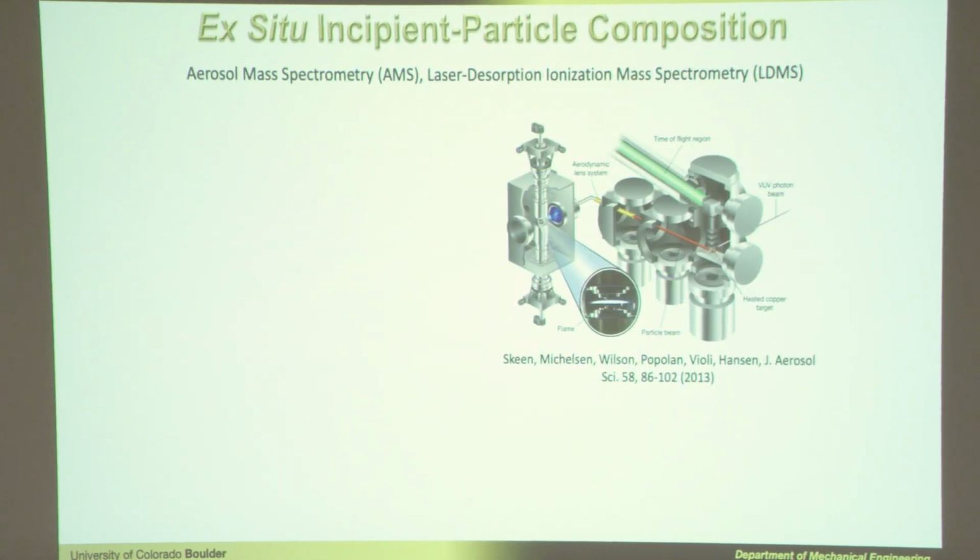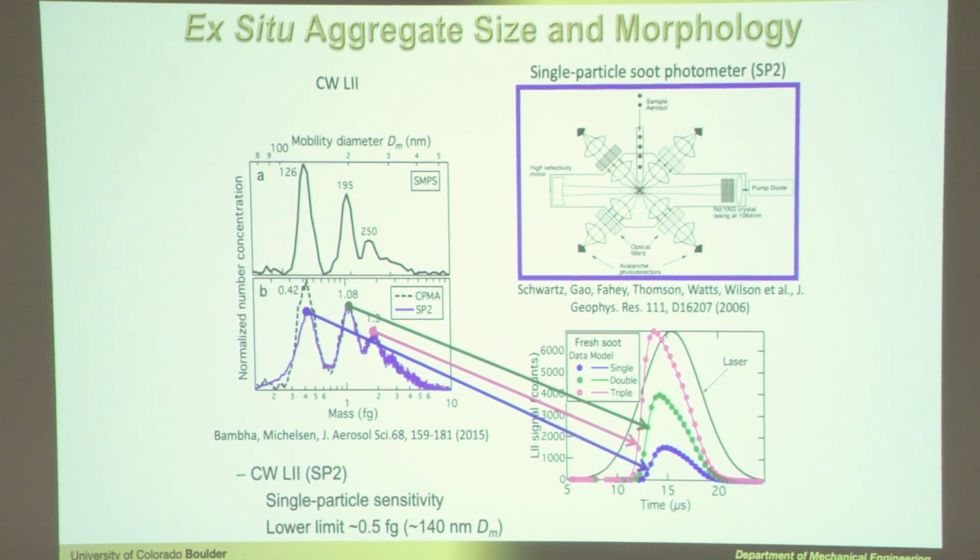Oh yeah, and one of the drawbacks of the instrument is the lower limit is about half of a femtogram, which is a particle size for soot of about 140 nanometers mobility diameter. So if you work on diesel engines, that's a little too high of a lower limit to do a good job with diesel particles, because those particles are smaller.